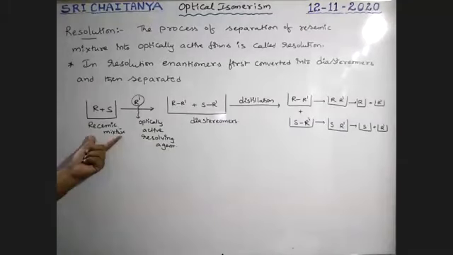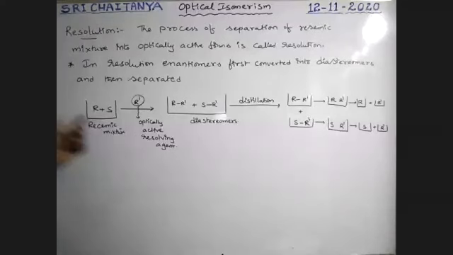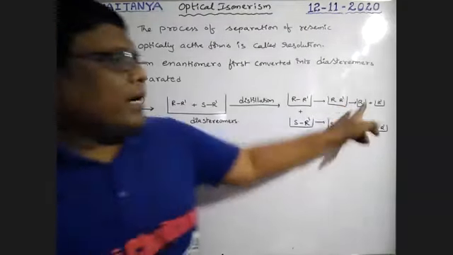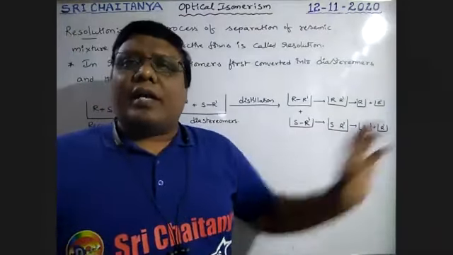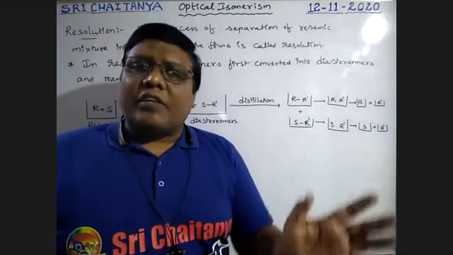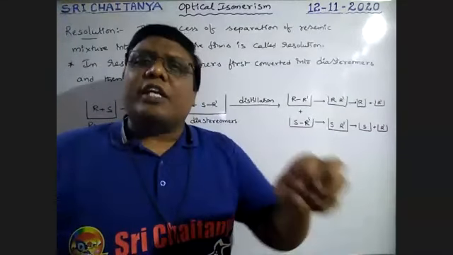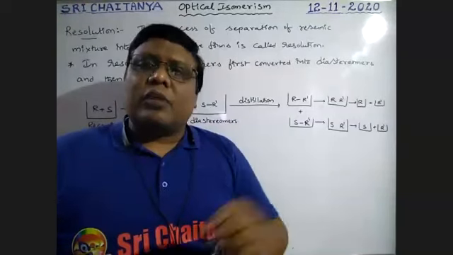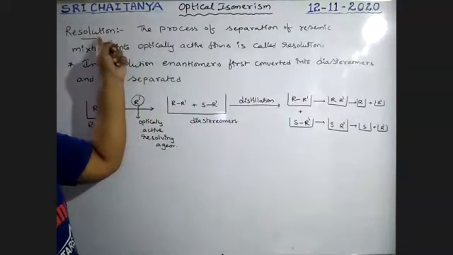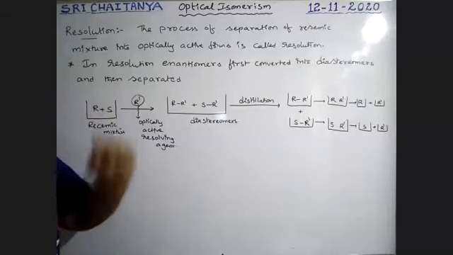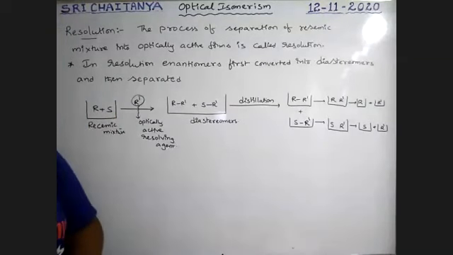So an equimolar mixture is available, and I am trying to separate it into individual R and S. The process of separation of a racemic mixture into individual components is called resolution.